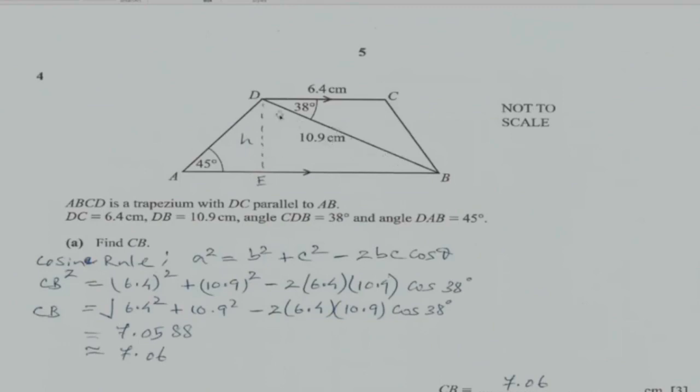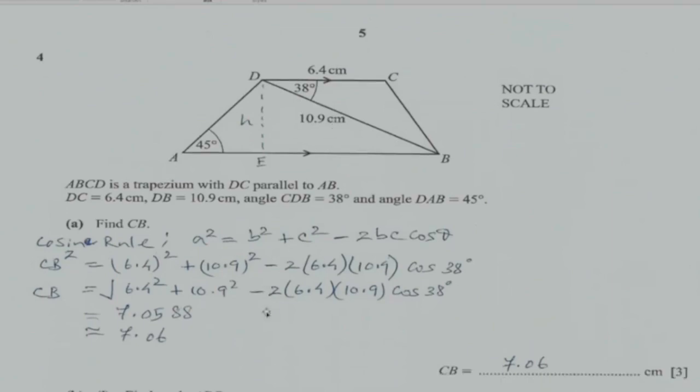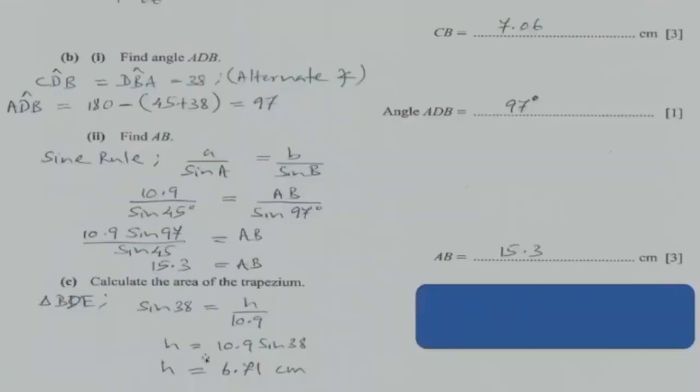Then this value we know is given. So we can use sine theta. Sine theta equals h over 10.9. Then h equals 10.9 into sine 38. Then h is coming 6.71 centimeters.